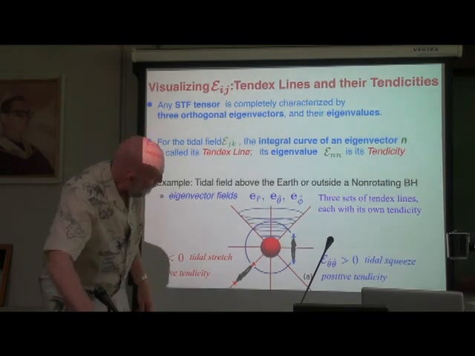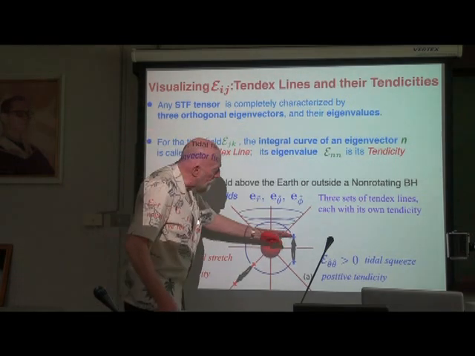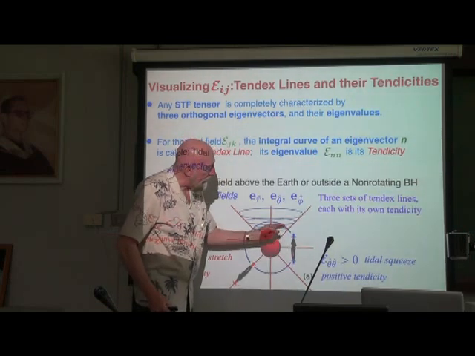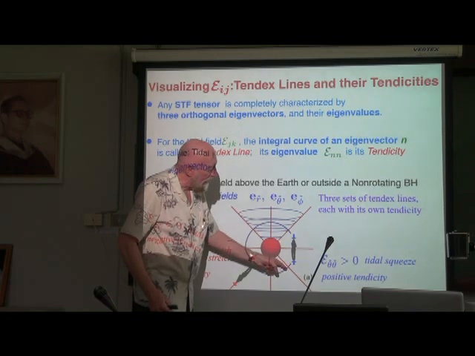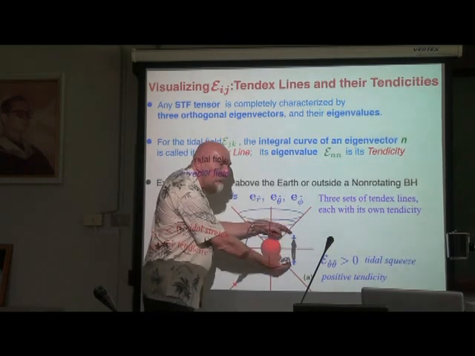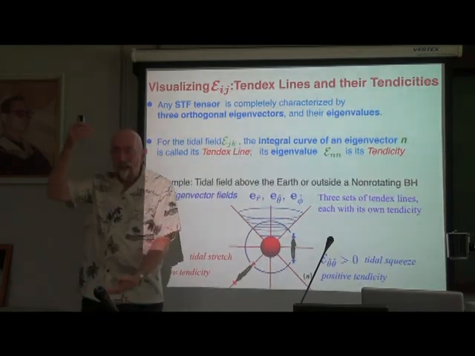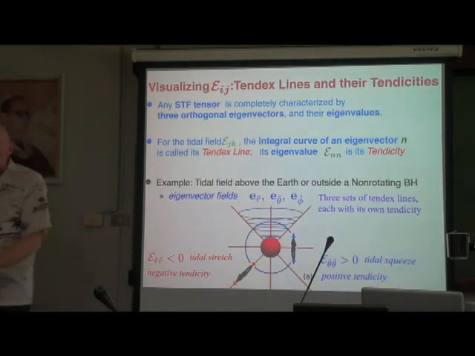In fact, the relative acceleration of head and feet is just the tendicity of this tendex line multiplied by the height of the person. A 2-meter person gets stretched with twice as large an acceleration as a 1-meter person.